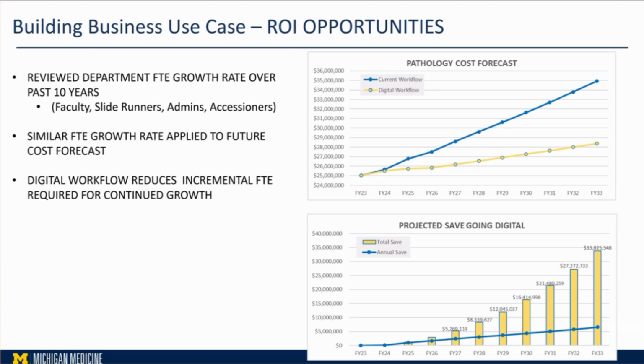And one of the things we show also is that the digital flow reduces incremental FTEs required for continuous growth. For example, you might just have to retain the faculty and the staff, and you might not need incremental growth because hopefully digital pathology is going to be more efficient.